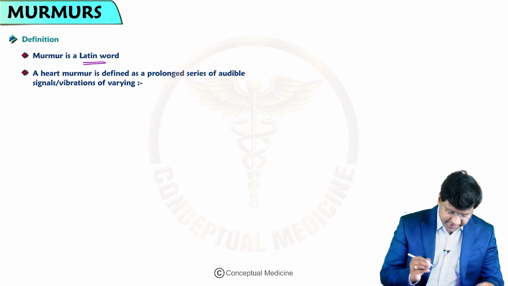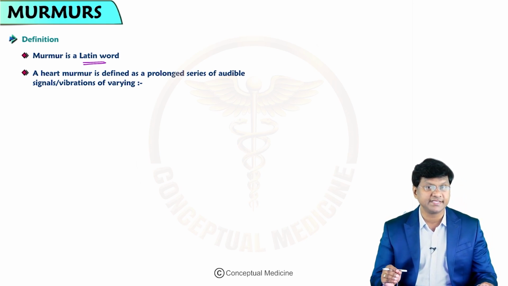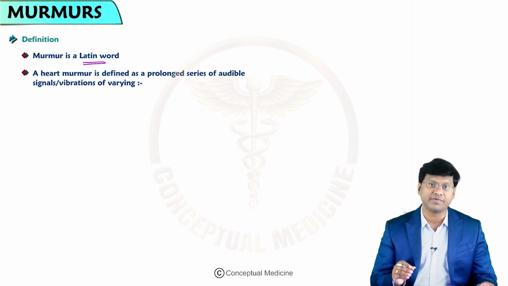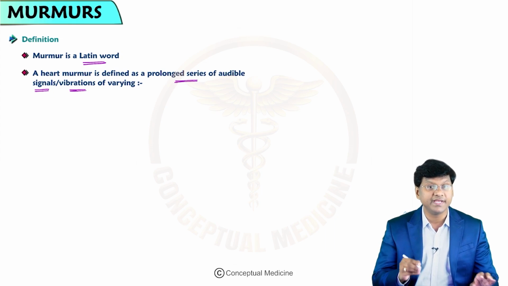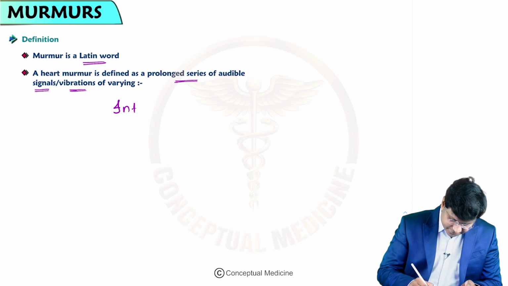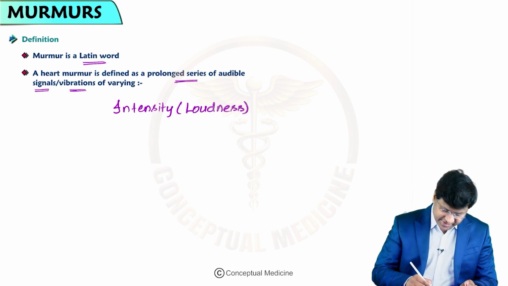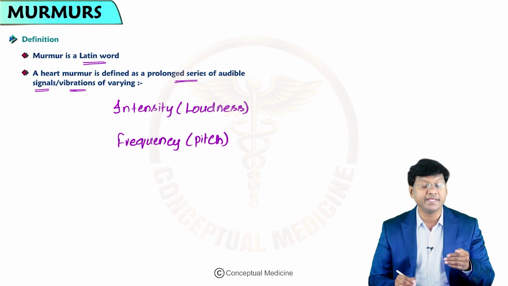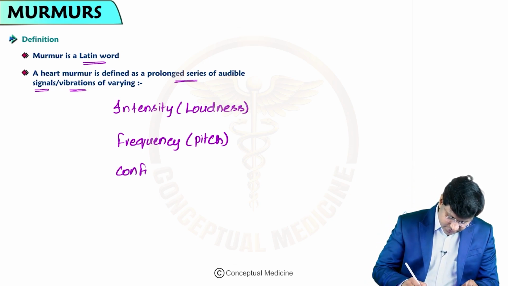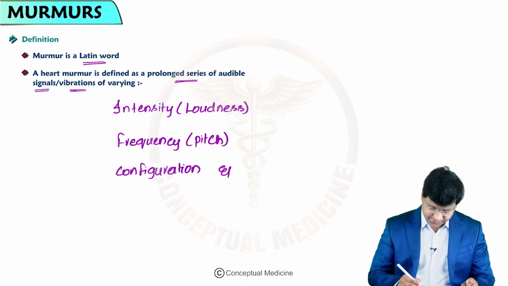A heart murmur is defined as a prolonged series of audible signals or vibrations of varying intensity, that is loudness, of varying frequency, that is the pitch, of varying configuration, and of varying duration.